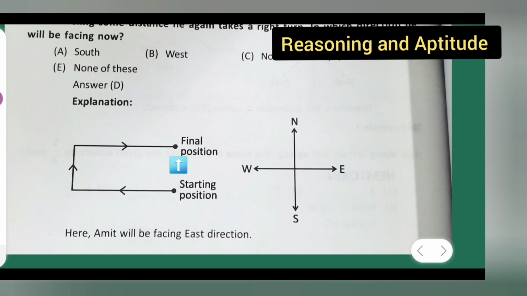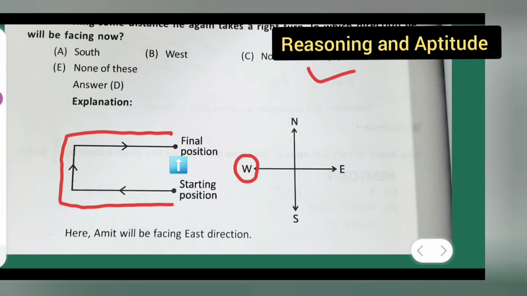So here what is given? Amit walks towards west. Okay, he is walking towards the west. After traveling some distance, he takes a right turn. His starting position is this. He will take a right turn, and after traveling some distance again he will take a right turn. In which direction is he facing now? So obviously which option is correct? I said option E. He is facing towards the east side.